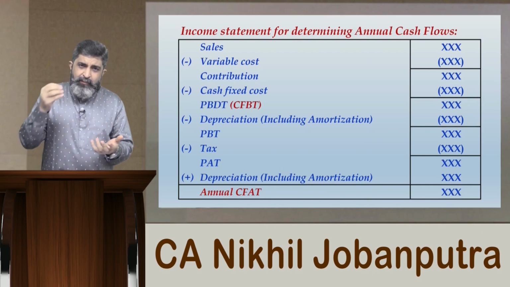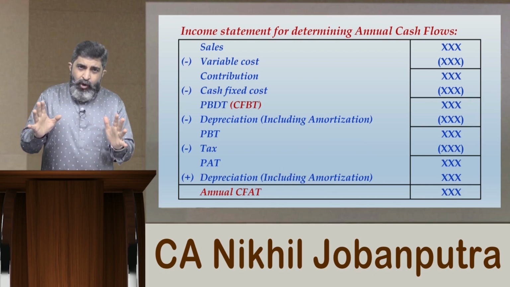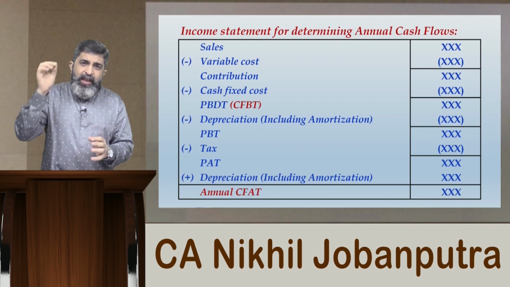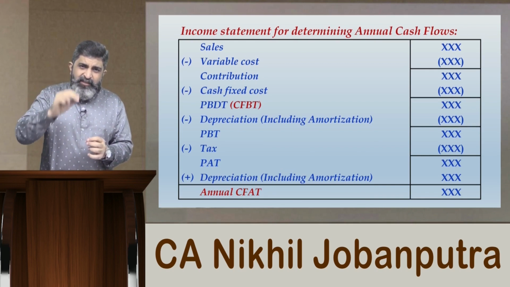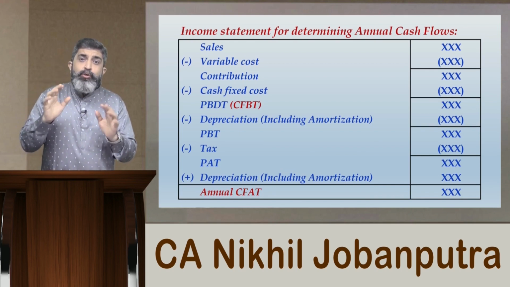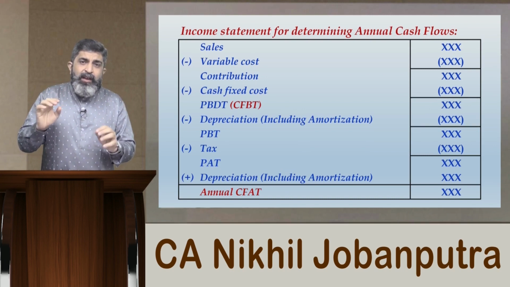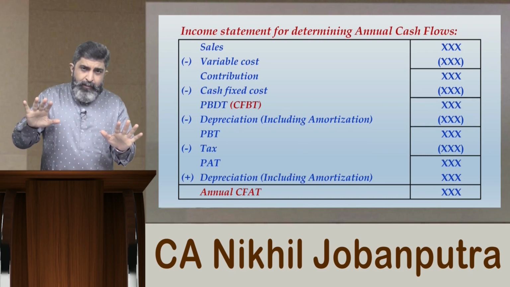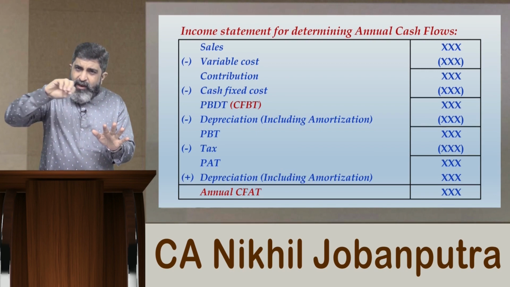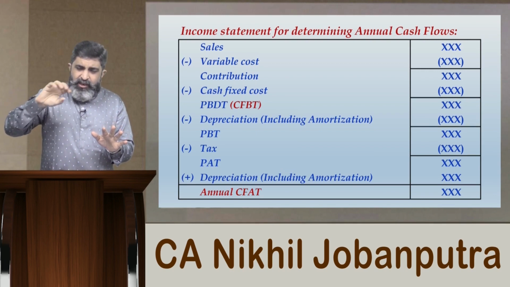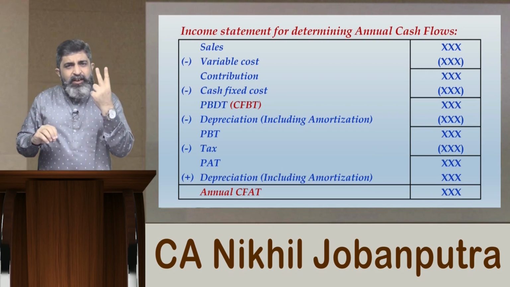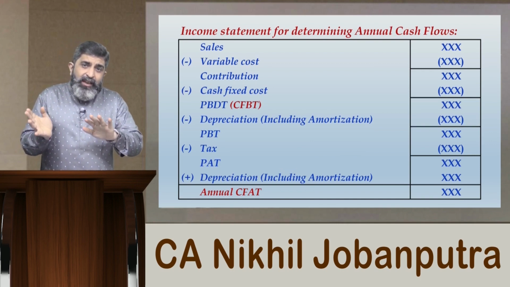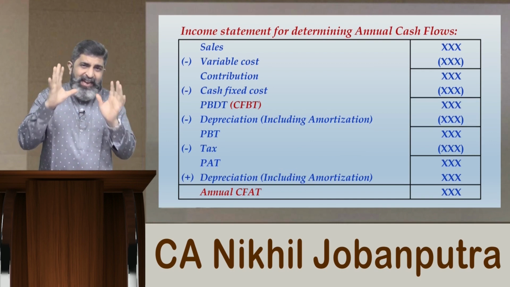Let us assume in my business all fixed cost including depreciation and amortization is 12 lakhs. But I don't want to subtract all of that amount, so I will exclude depreciation and amortization. Depreciation and amortization every year is 2 lakhs. That means the cash fixed cost will be 10 lakhs.